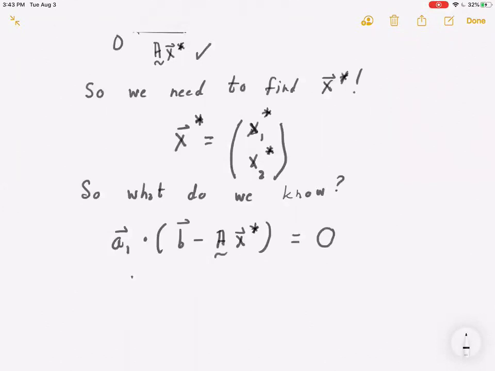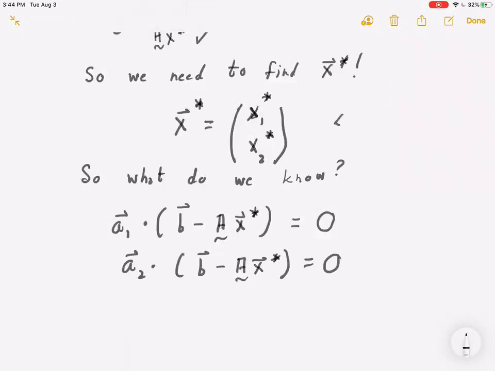We also know that this expression in the parentheses has to be orthogonal to the other linearly independent vector in the problem, A sub 2. So we have the task of trying to figure out what X asterisk is. It's a vector that has two unknowns.